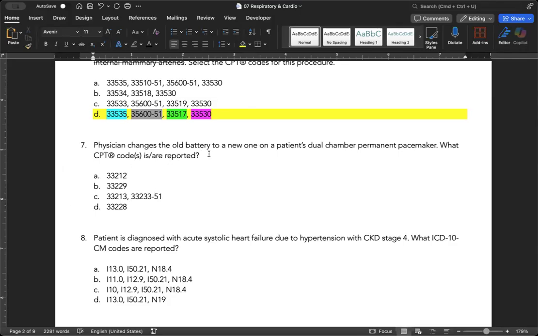For this one, we're removing and then upgrading, right? We're not just changing the battery. No, sorry. Yes, this one we are just changing because they're changing the battery to a new one. Yes, sorry. I was thinking of a different question than I have.